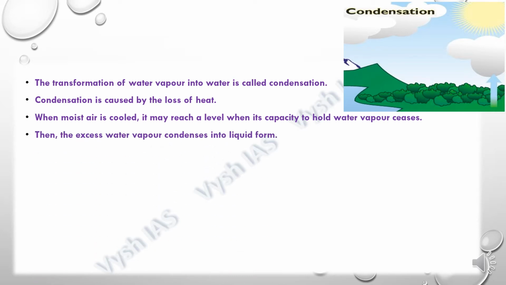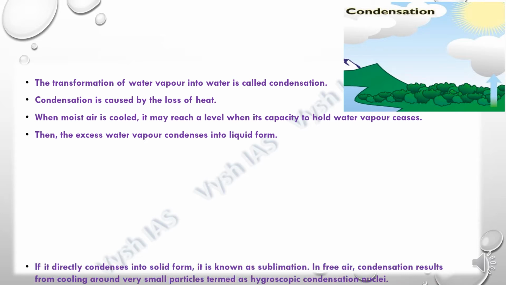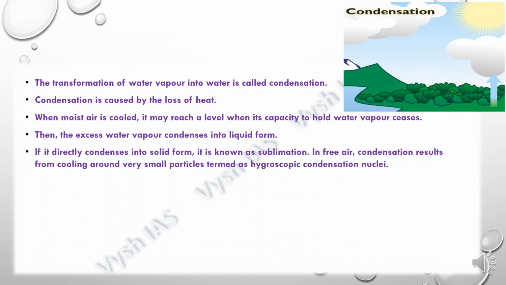It won't be able to bear that weight anymore, and that's how rainfall occurs. The excess water vapor condenses into liquid form, and if it directly condenses into solid form, it is known as sublimation.